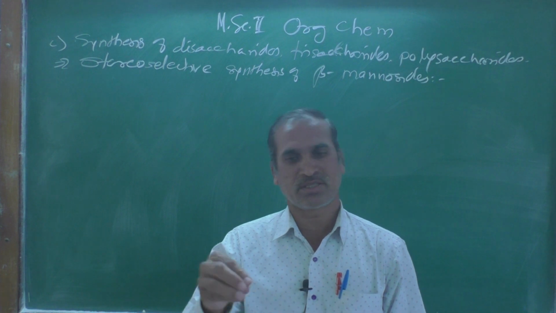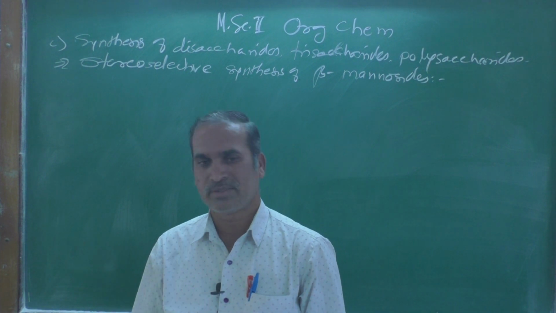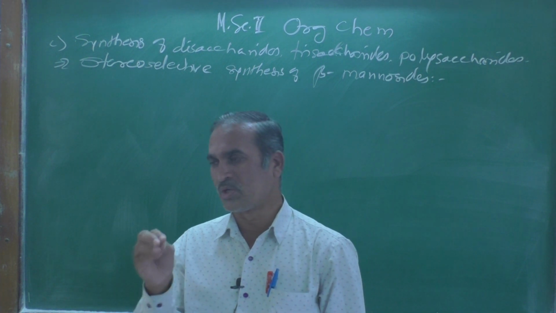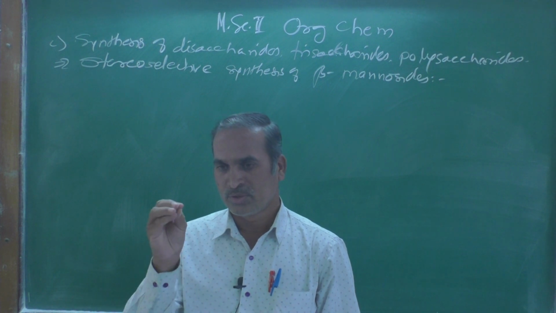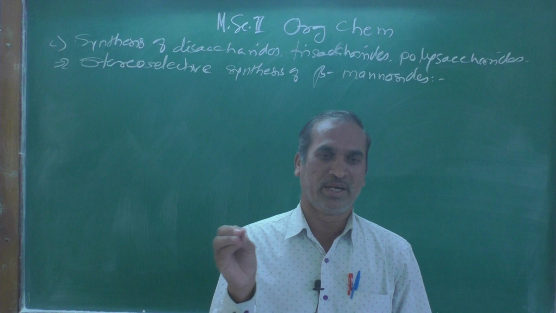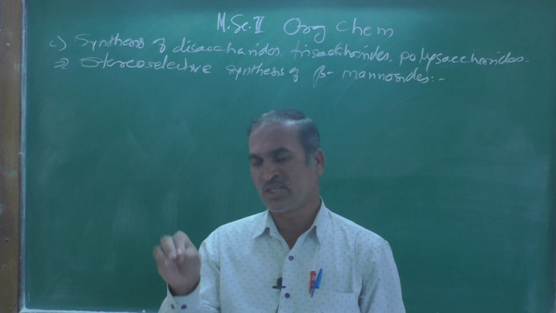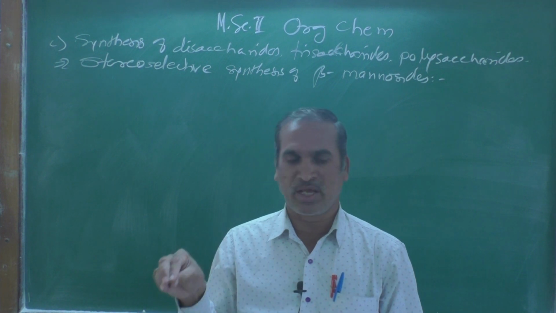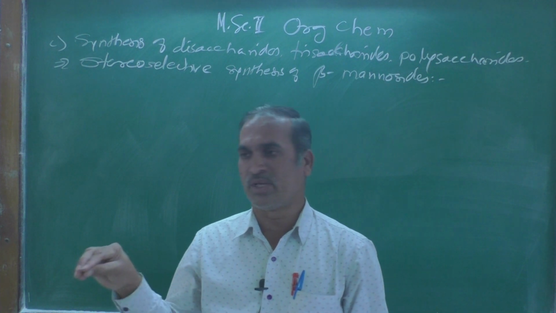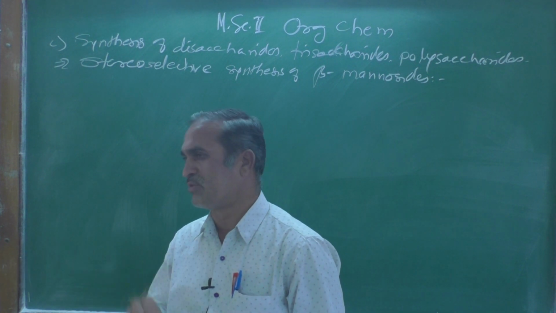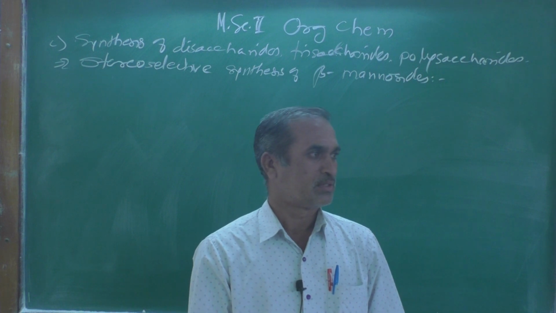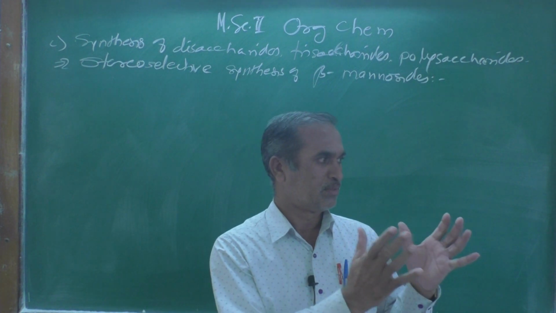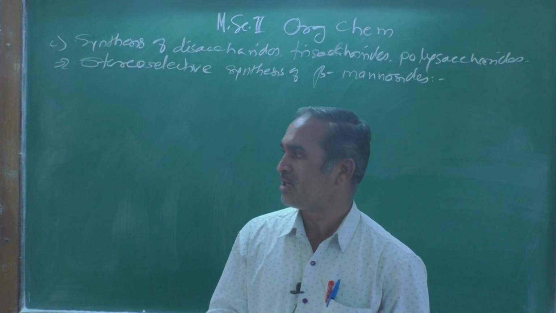Once the hemiacetal group is present, that type of carbohydrate shows a positive Tollens' test as well as a positive Fehling's solution test, and the aldehyde group is converted into the salt of the respective metals.